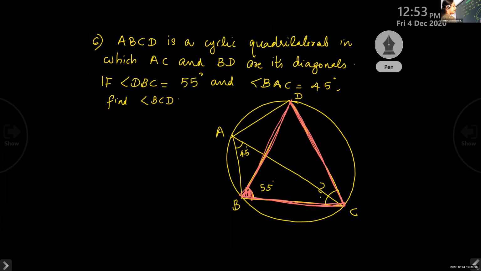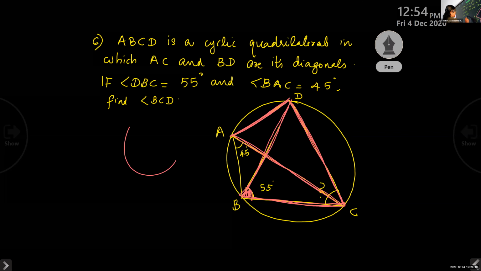The same chord is subtending another angle here, look at that end point. Actually, the figure is turned like this. Can you find that angle then? 55 itself.